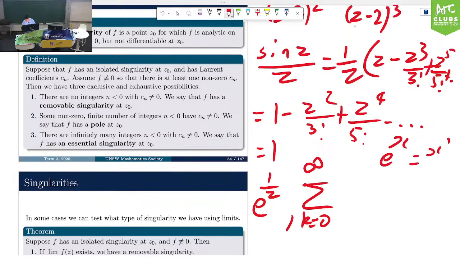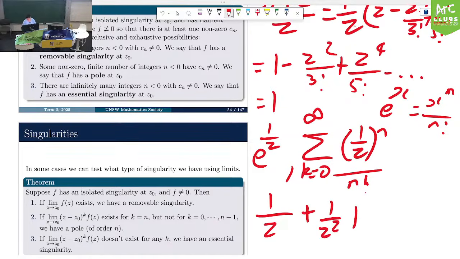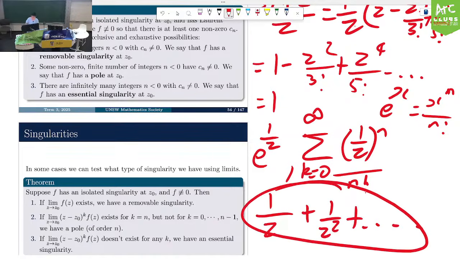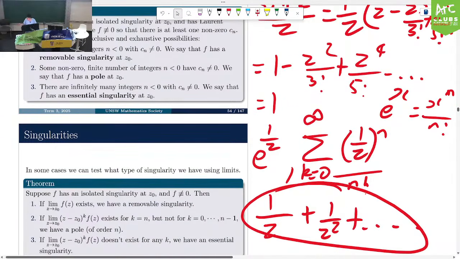It's x to the n on n factorial, so here it's 1 on z to the n on n factorial. So it's basically 1 plus 1 on z plus 1 on z squared over 2 factorial plus dot dot dot. The point is that you're going to have an infinite number of negative power terms. If that's the case, then it can't be a pole because it's not finite, so we just call that an essential singularity.